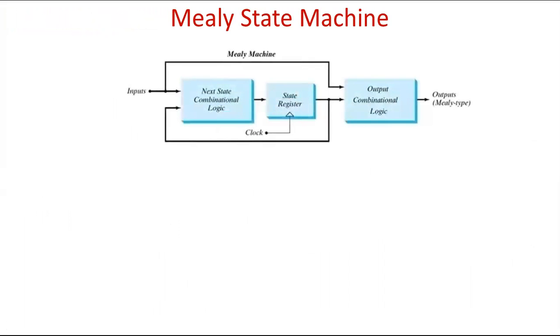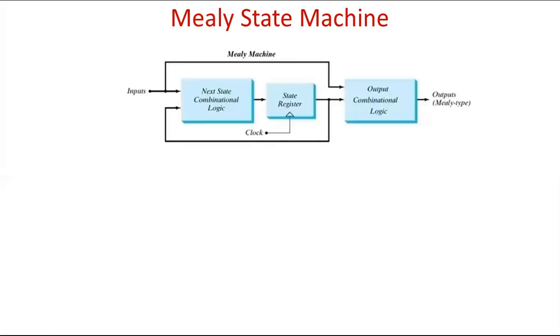Now coming to the Mealy state machine. If you remember, the difference between these two machines is the way in which the output is generated. In the case of the Moore machine, the output is a function of only the present state.